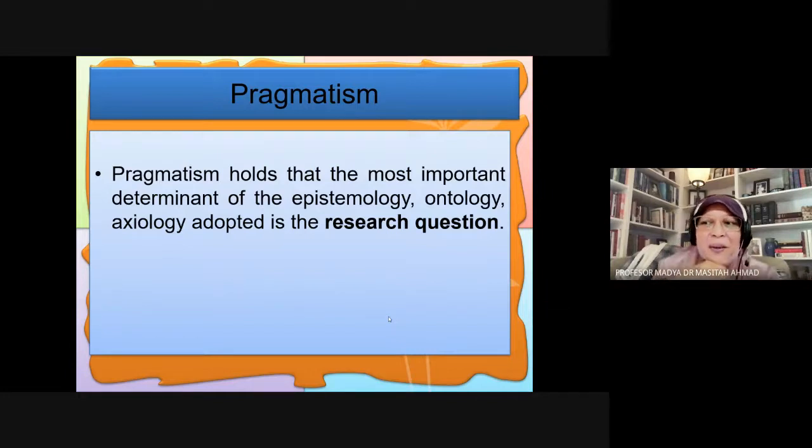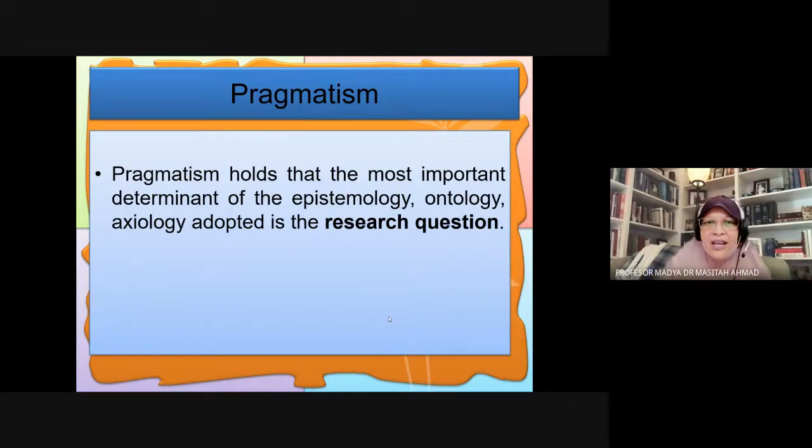I remember that just now when Hafizi asked about this philosophy, whether it is used first, before we have the objectives and research problems. As you can see here, it's also stated that the epistemology, ontology, and axiology are adopted in our research question. So they still have a connection with each other.